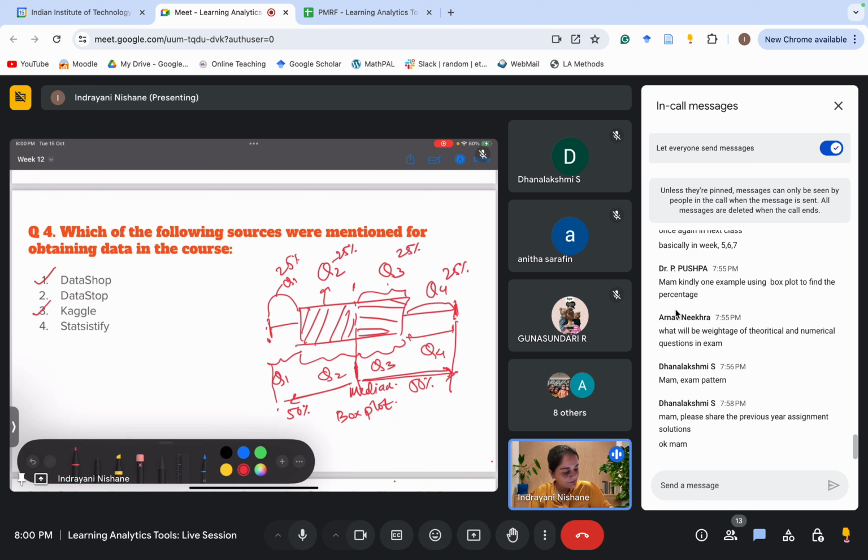Now in the middle of the box plot, this area, 25% from second quartile and 25% from third quartile, total 50% of the data points fall in this middle area, Q2 and Q3 together, and this is called interquartile range. The difference between this point and this point, Q2 and Q3 point, is the IQR or interquartile range.